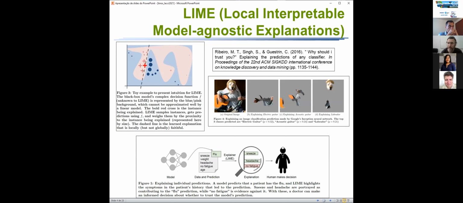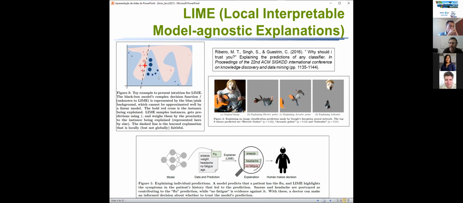And the basic idea is that suppose you have a black box model that generates these decision regions in blue and pink in this figure, and you want to explain the decision taken by this black box model for an instance, for example, this instance in red here.